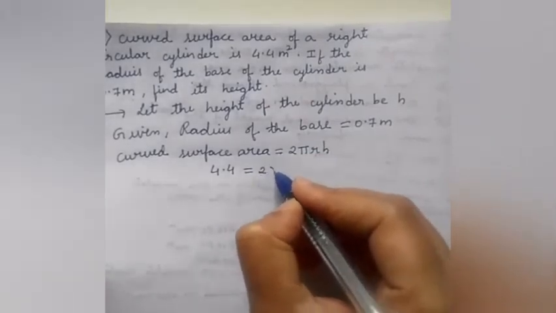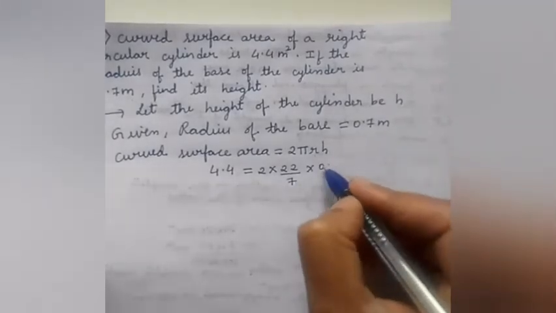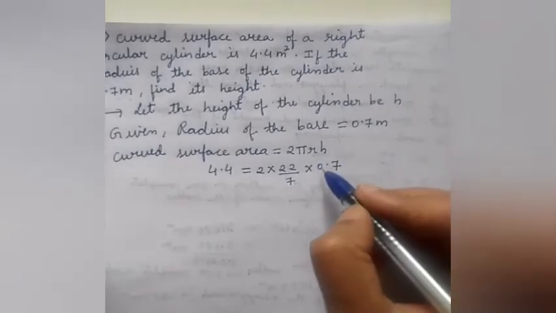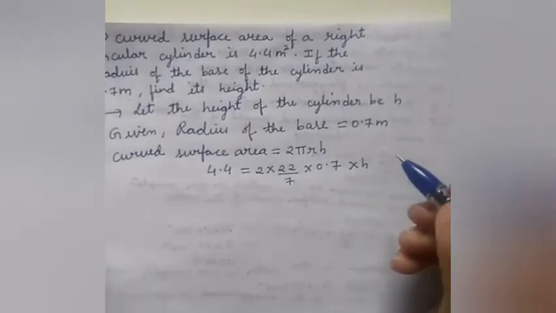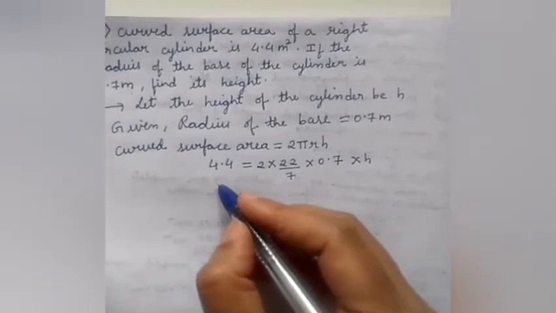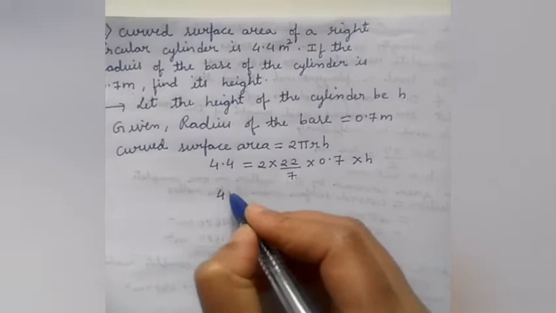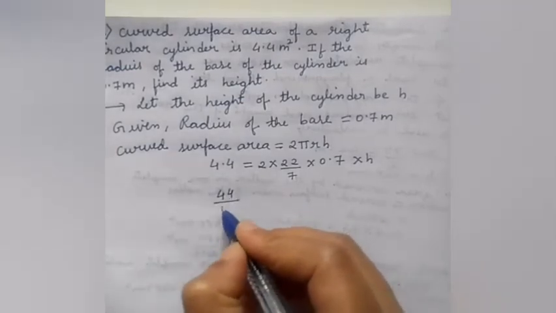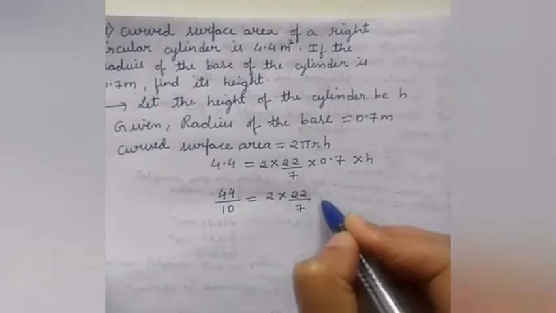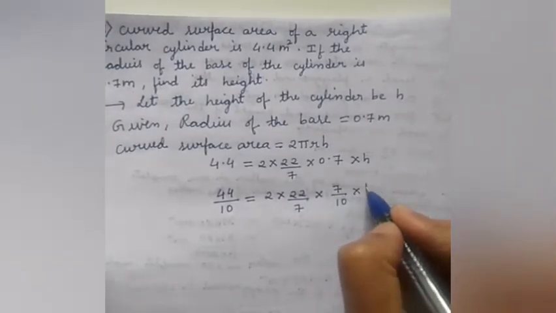It is equal to 2 into pi, here 22 divided by 7, into r, which is 0.7, into h, which we have to find out. We don't know h, we will find out h. So 4.4 can also be written as 44 divided by 10, and it is equal to 2 into 22 divided by 7 into 0.7, which can be written as 7 divided by 10, into h.